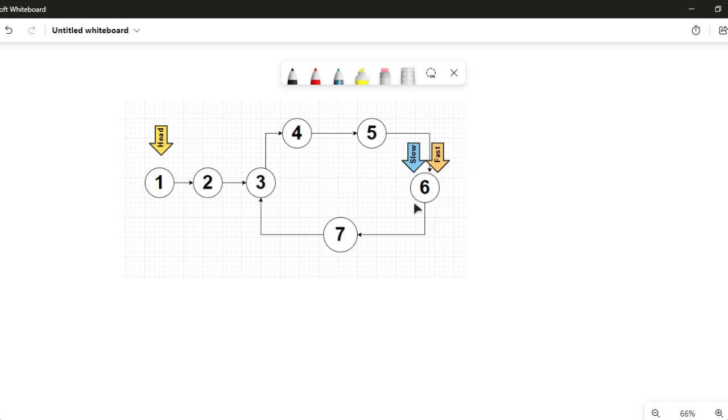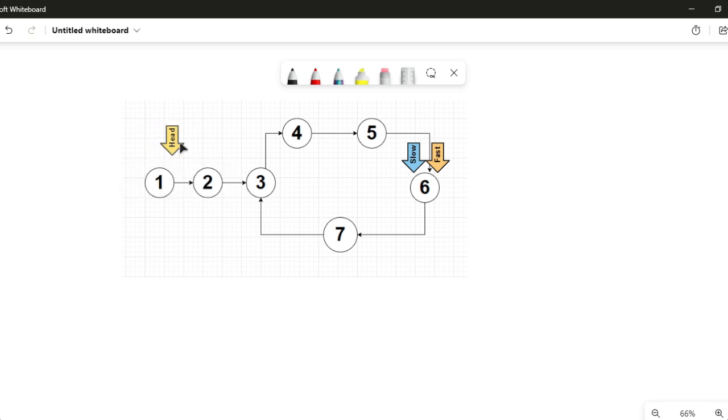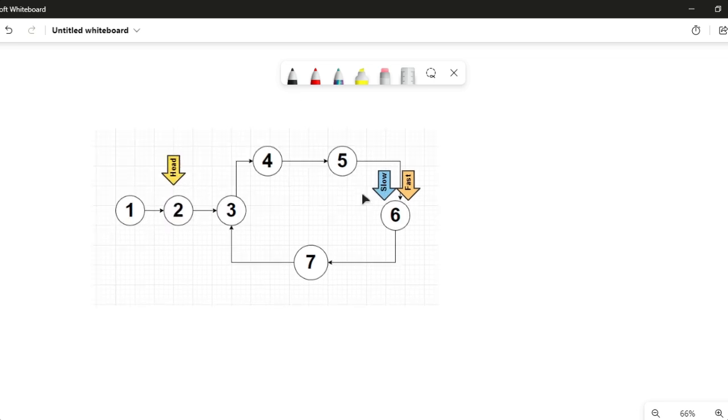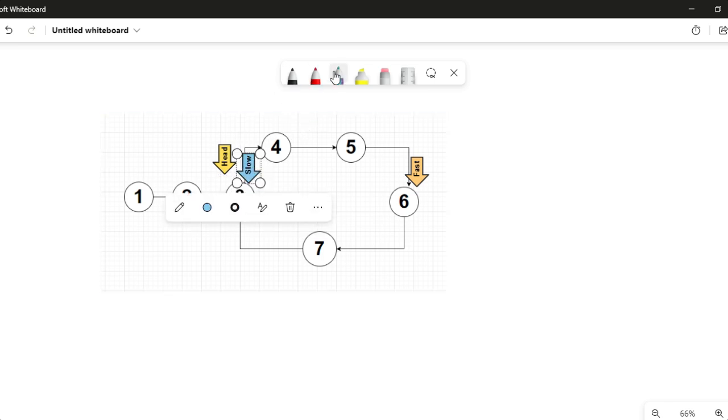We will run head and slow together until they meet again. We move head ahead and slow ahead, and both go to 3, and hence we find the position where they meet.